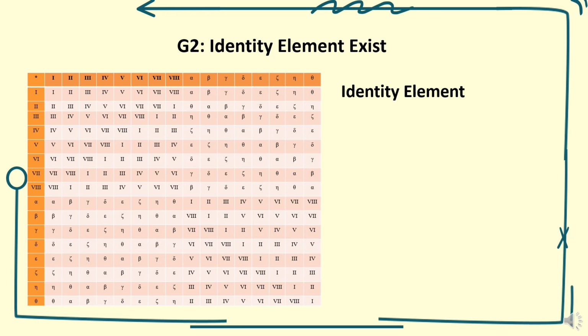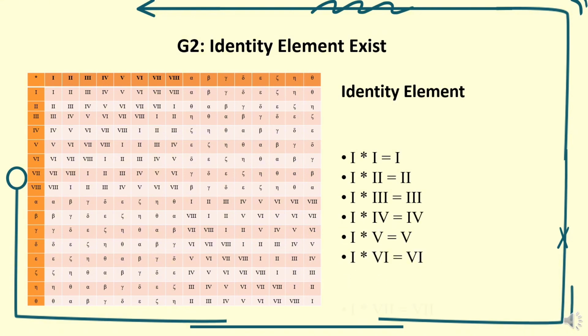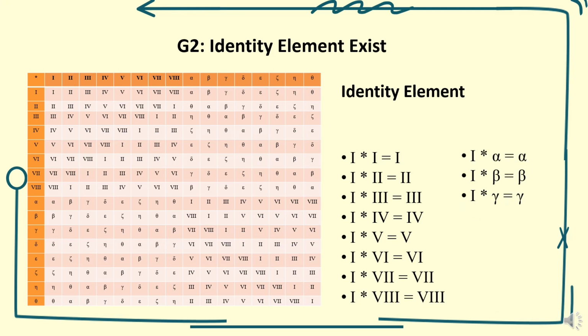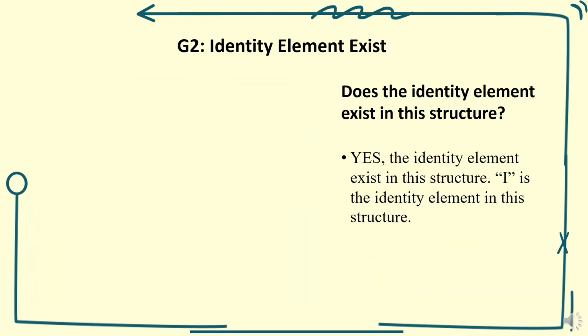So 1 star 1 is 1, 1 star 2 is 2, 1 star 3 is 3, 1 star 4 is 4, 1 star 5 is 5, 1 star 6 is 6, 1 star 7 is 7, 1 star 8 is 8, 1 star alpha is alpha, 1 star beta is beta, 1 star gamma is gamma, 1 star delta is delta, 1 star epsilon is epsilon, 1 star zeta is zeta, 1 star eta is eta, 1 star theta is theta. So we can say that the identity element exists.